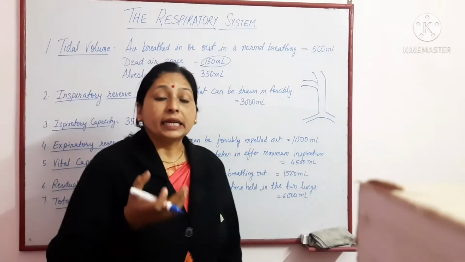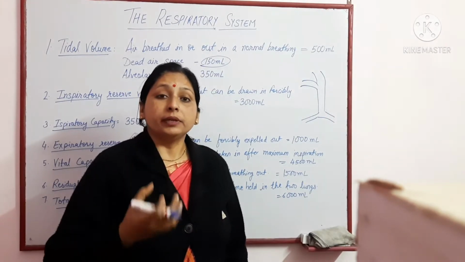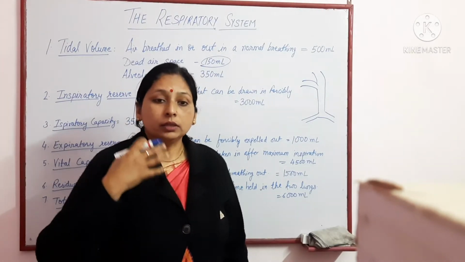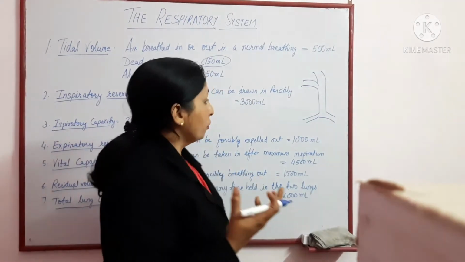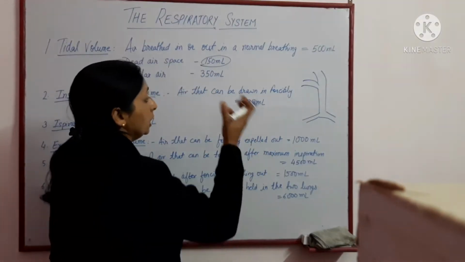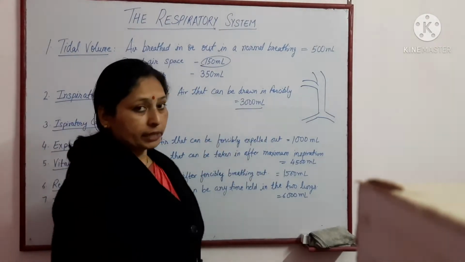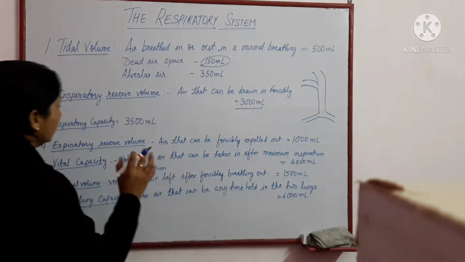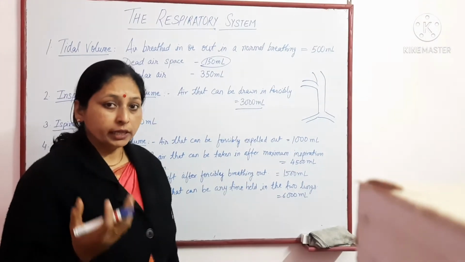Air that can be drawn in forcibly. After a forcible inspiration, the inspiratory volume increases, and that volume after forcible inhalation is 3000 milliliters.